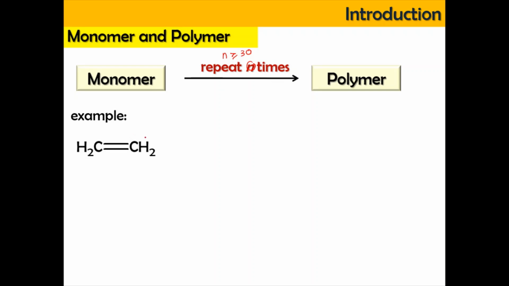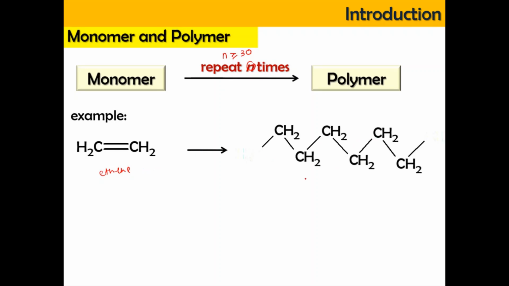Example, let's say we have ethene here. This is an ethene, and when it undergoes polymerization, what we produce is polyethene. It's supposed to be longer than this chain, however I just took a few snapshots of what is important.